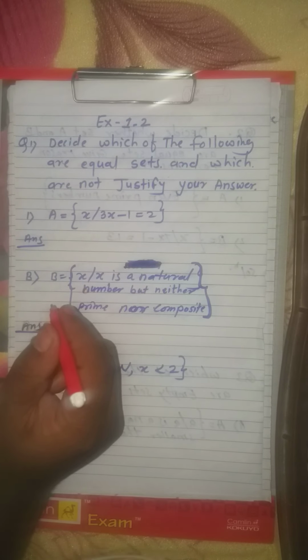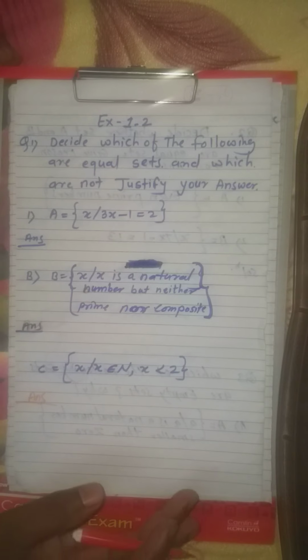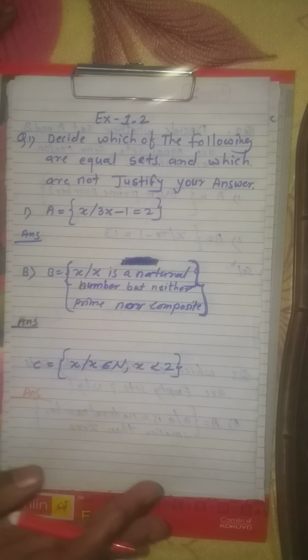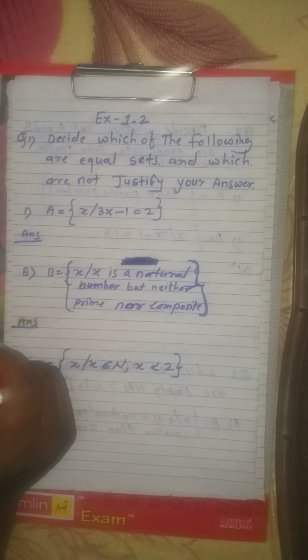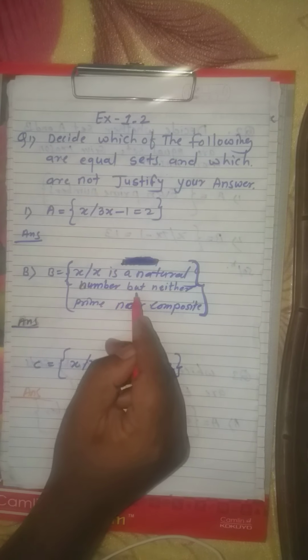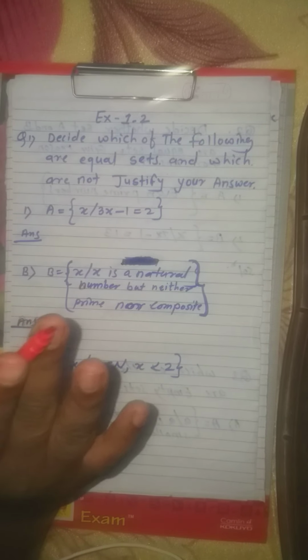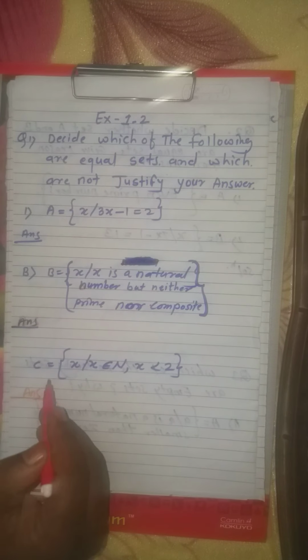We have to solve it and justify whether the sets are equal or not. Now the second set is given: x is a natural number but neither prime nor composite.